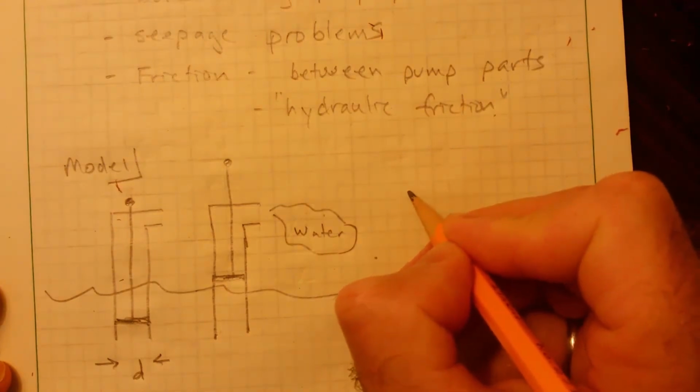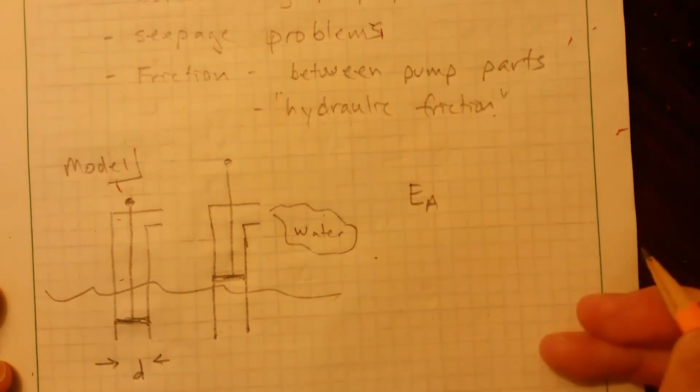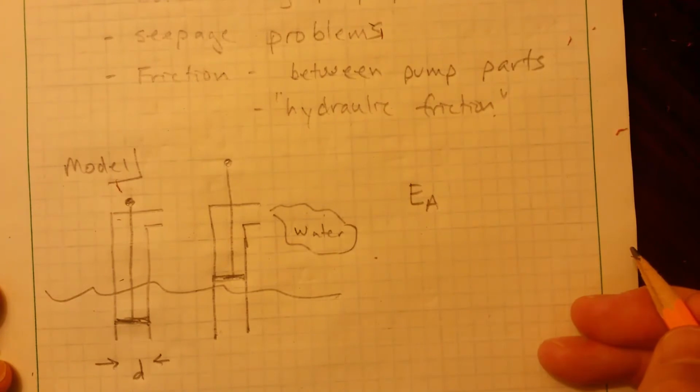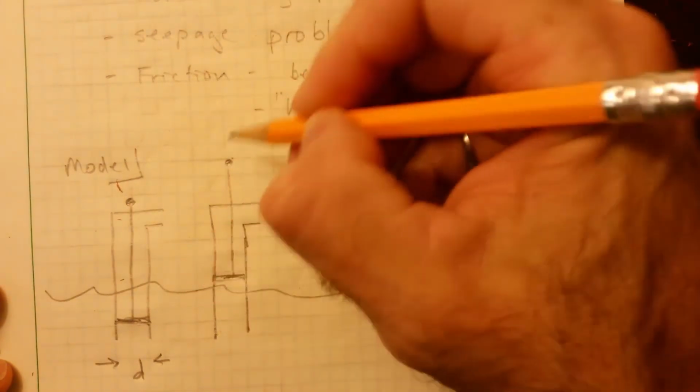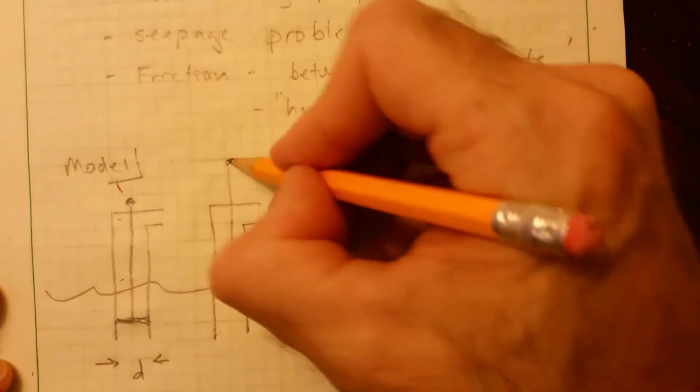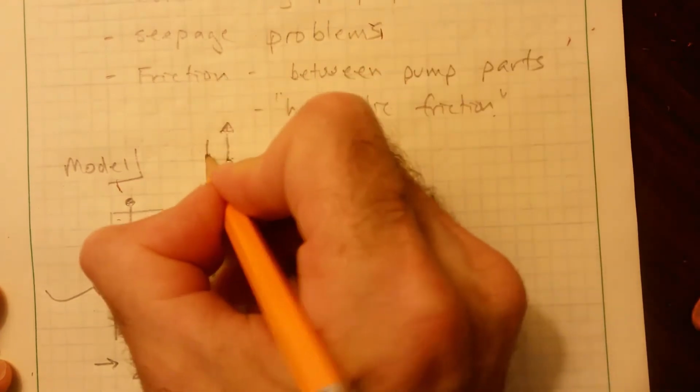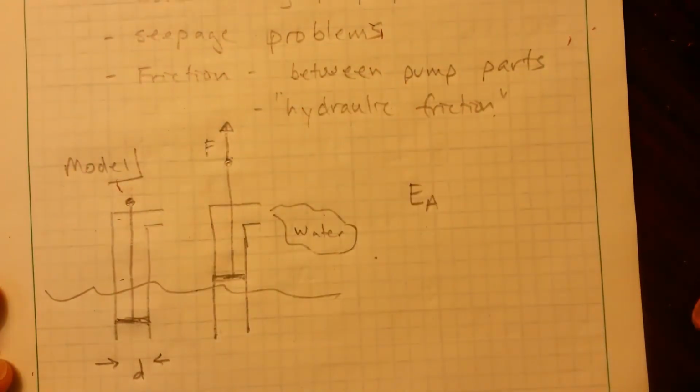I'm looking to find the actual energy that's required to operate the pump. One thing I can do is attach a scale, like a pull scale or hang scale, to the top and actually measure the force that is applied to the piston rod as I pull it up.